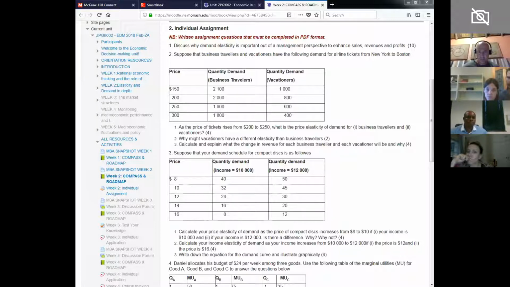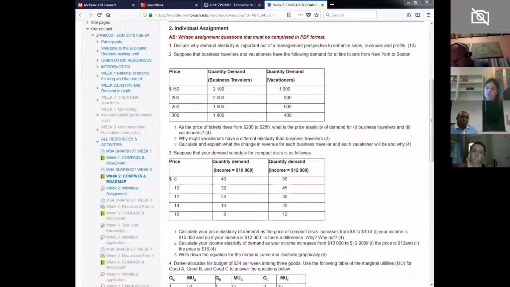They will demand in total, not per traveler, in total, 2,100. So you multiply 2,100 by 150, because remember, this is the price for each business traveler. Quantity demanded is 2,100. Now they ask, calculate and explain what the change in revenue for each business traveler and each vacationer will be.